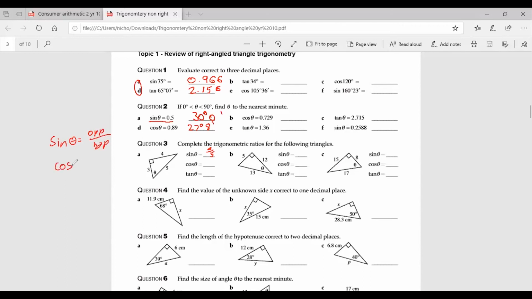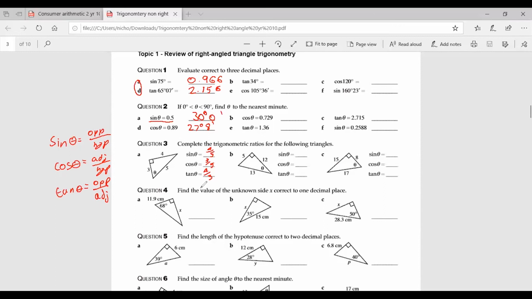Cos theta equals adjacent over hypotenuse. And tan theta equals opposite over adjacent, right? And what about this cos theta? 3/5. Perfect. And tan theta? 4/3. Perfect. That is exactly right. Does that make sense? Yeah.